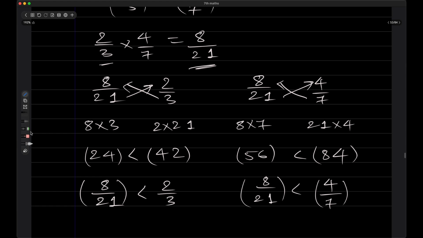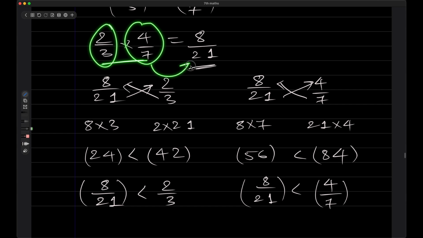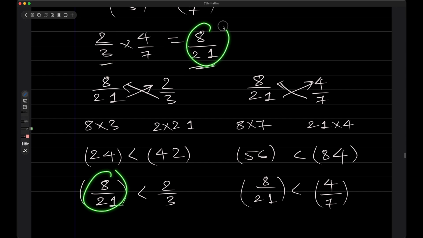So I can say that for any two proper fractions, if I multiply them, the product will be smaller than each of the fractions. That is, the product 8 divided by 21 will be smaller than each of the fractions.